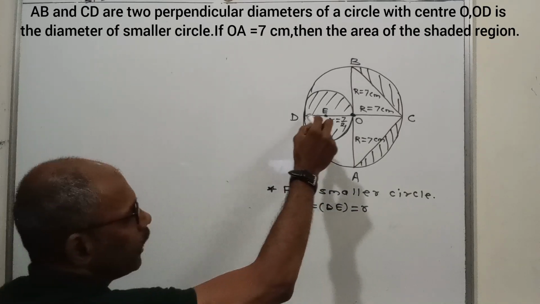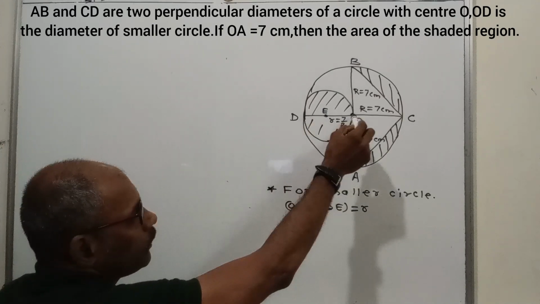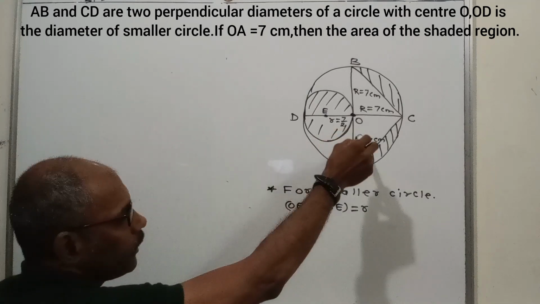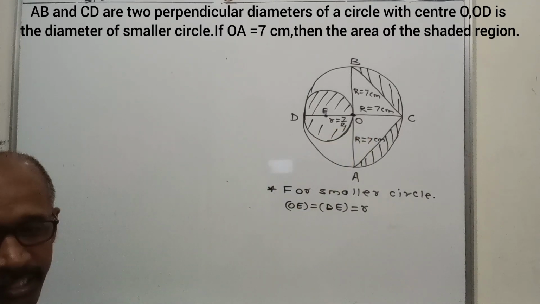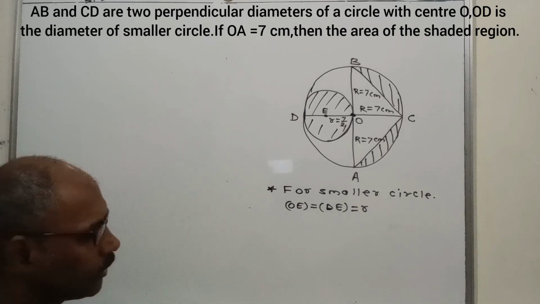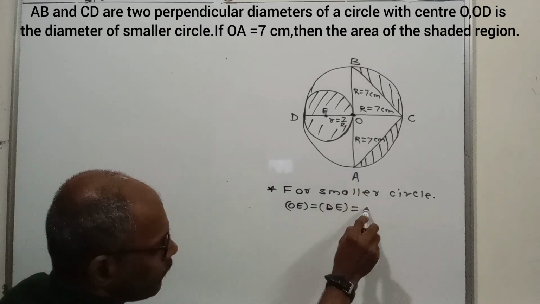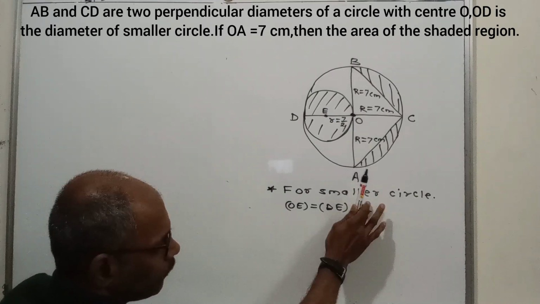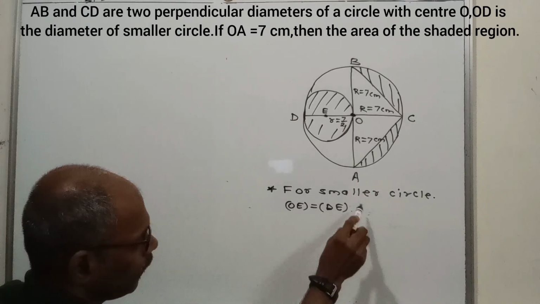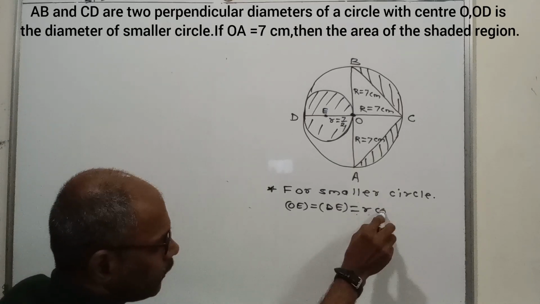But the diameter DO of the smaller circle is the radius of the bigger circle, so we write r centimeters here.